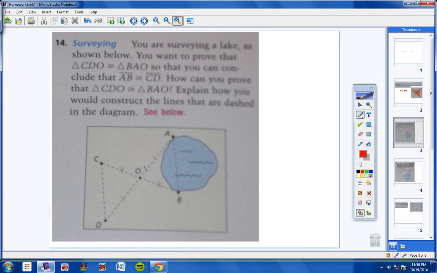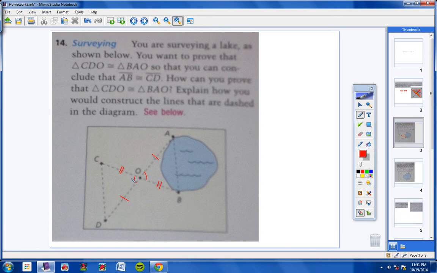By looking at what we have here. Well, it's pretty simple. Look, they've already noted that this length here is congruent to this length here, and they've already stated that this length here is congruent to this length here. So really all that we're missing is this. Vertical angles are congruent. So how can we prove that these two angles are congruent?